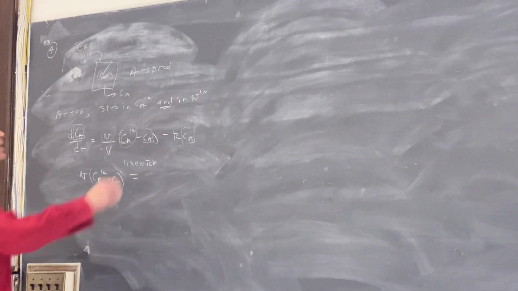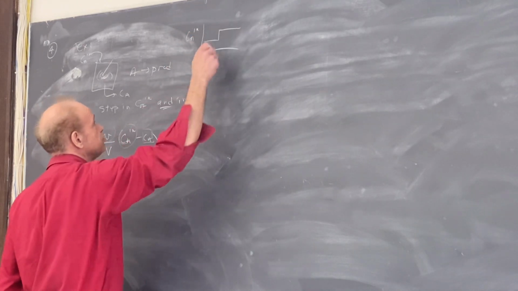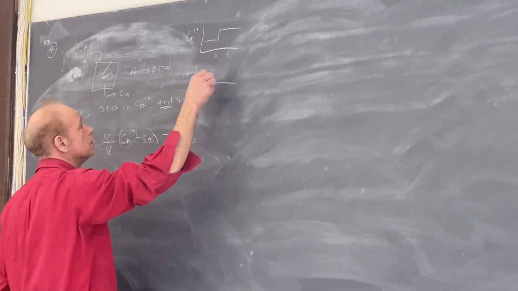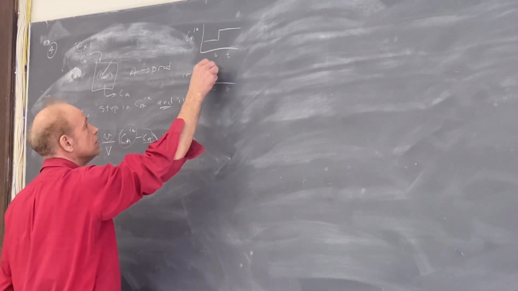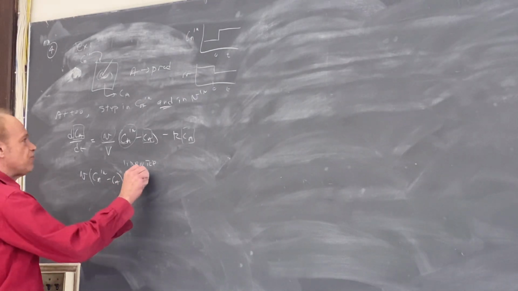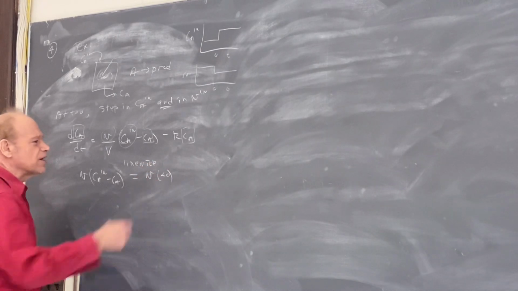Well, again, CA in is undergoing a step change, and V is undergoing a step change at t equals 0. So I've got V at t less than 0. I'm not going to write the t.